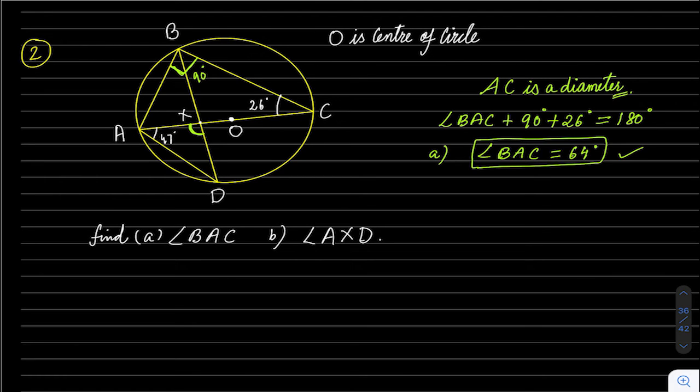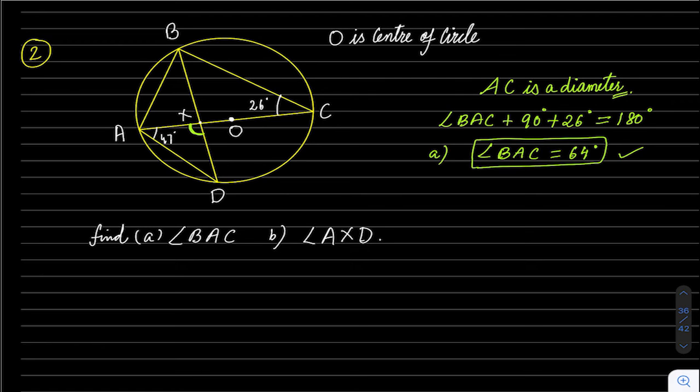Let's think a little bit. When you look at this diagram, you can observe one thing. Let me erase this so that it's a little more clear to you. You can see in this diagram, AB is an arc, part of the circle. AB subtends an angle of 26 at C. Wherever it subtends an angle on the circumference, it should also be 26.